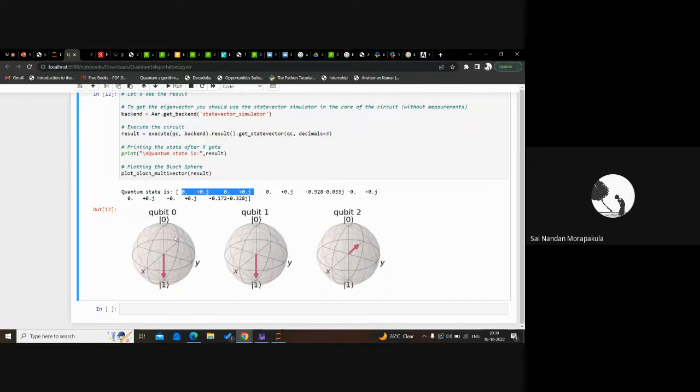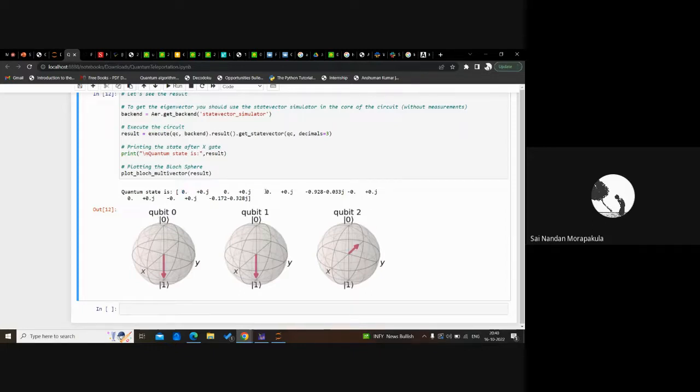So the information there has been lost. You destroyed the information, so there is no information left with Alice now, because you teleported the information that Alice had to Bob. That is how we depict the information here.